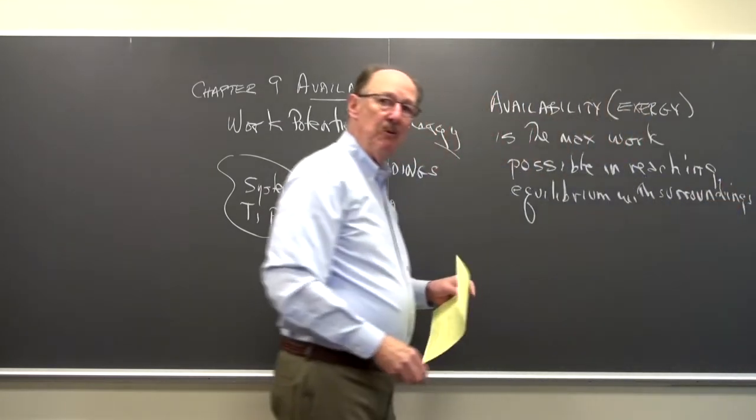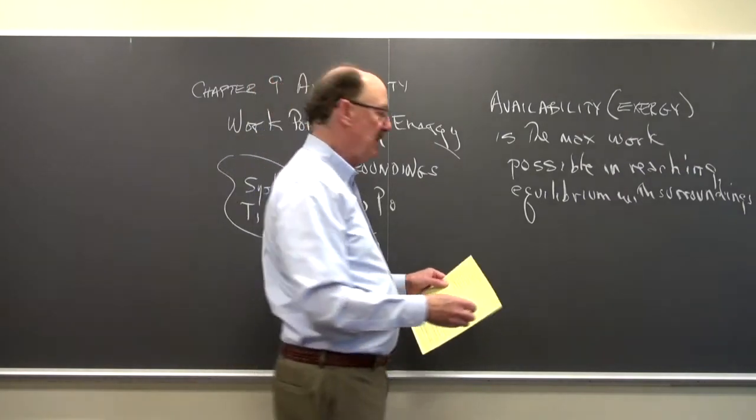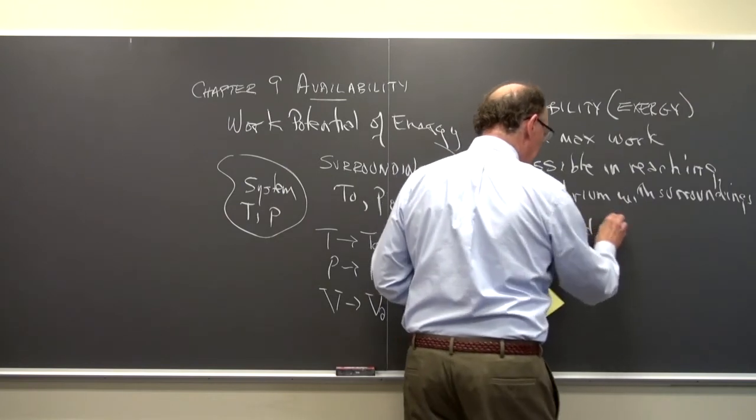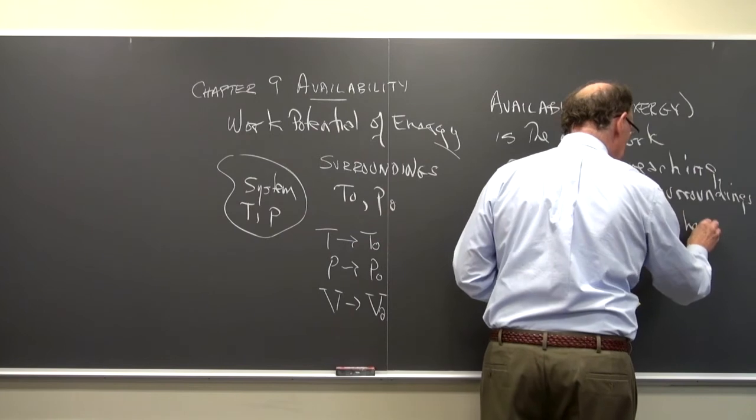So when it is in equilibrium with the surroundings, it's called the dead state. Not the happiest word at the moment, but dead state is when this equilibrium is achieved.